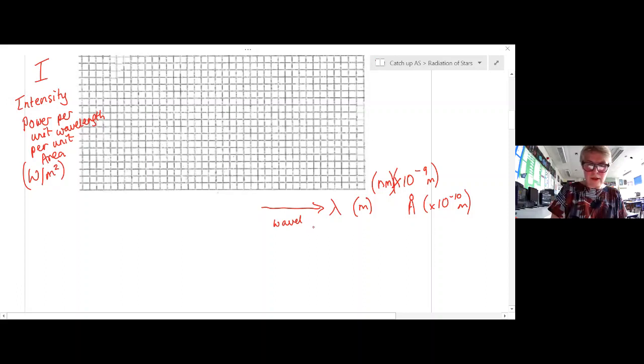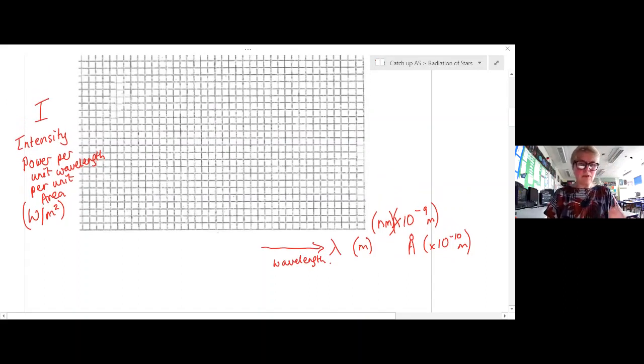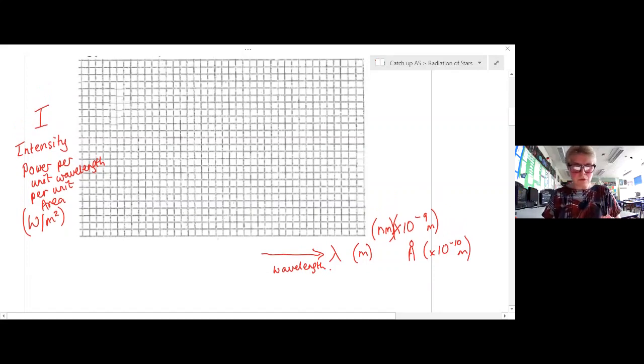And when you take the continuous spectrum, which is not just the visible spectrum but all of the wavelengths received on Earth from that star, we get something that looks like this.